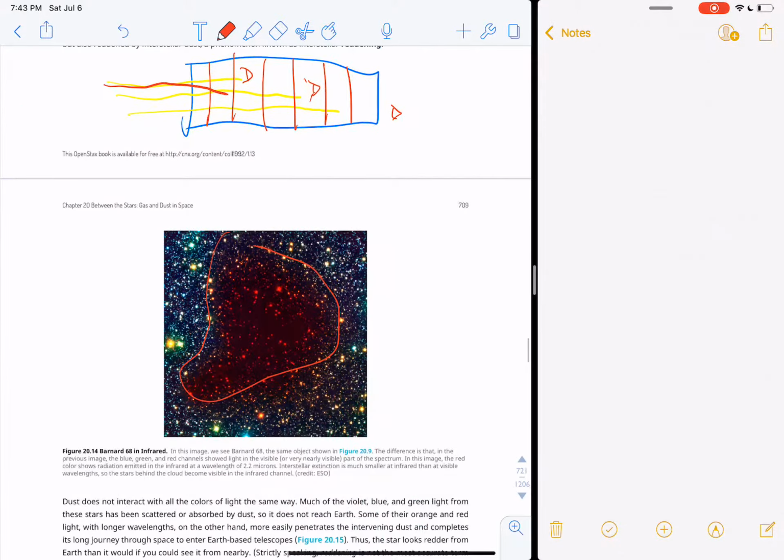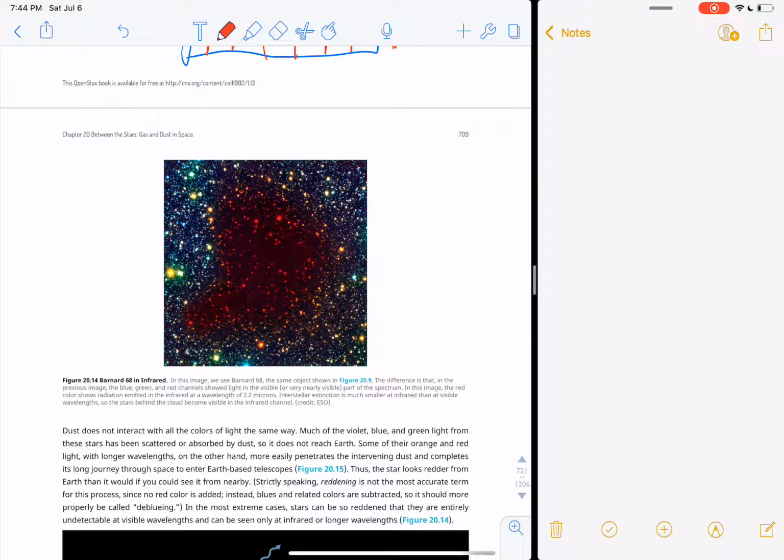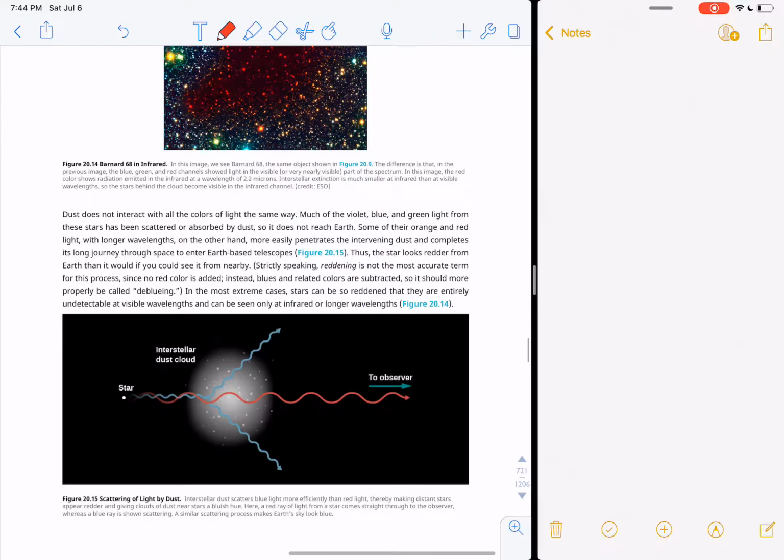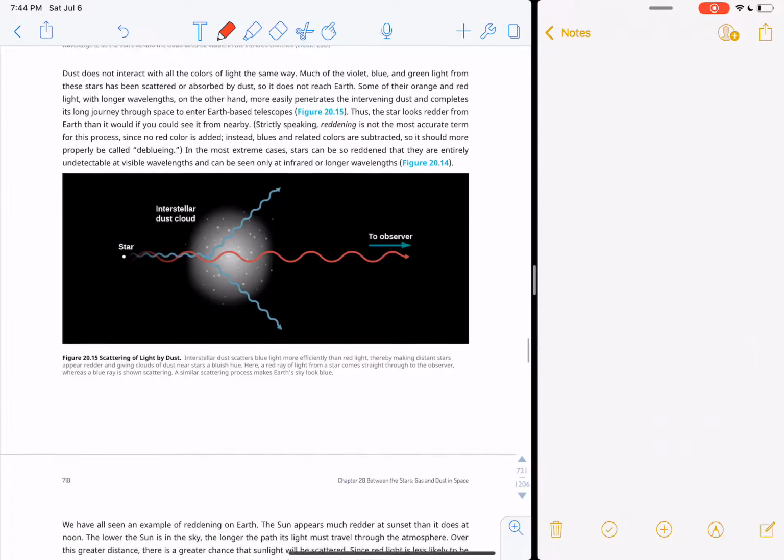So this is why it's called interstellar reddening, because the light that actually makes it through is only the red light that survives. It's like a red filter or a red gel on a theater light to make everything appear red. It's only letting the red light through. It's absorbing all the other light. And that's what interstellar reddening is. And this is another example of that.